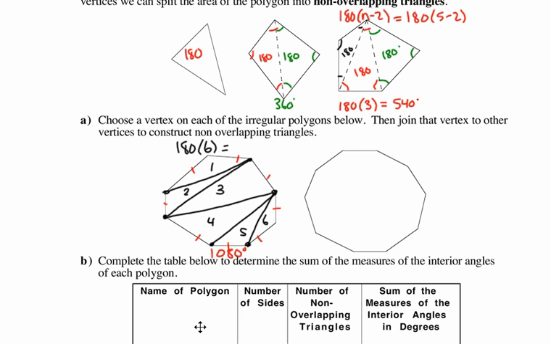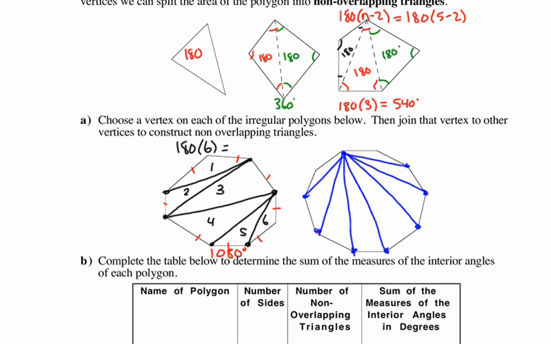Let's try another one. So let's make triangles. You could even do all from that one point to start instead of a zebra type pattern. So that point to each vertex. And there you go. And we count our triangles. 1, 2, 3, 4, 5, 6, 7, 8.